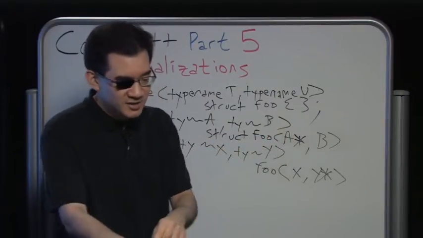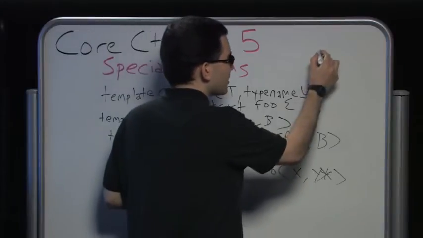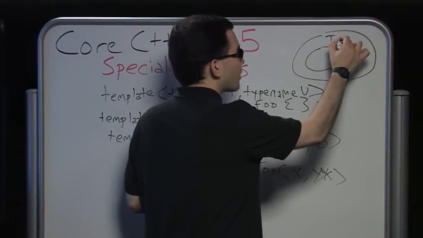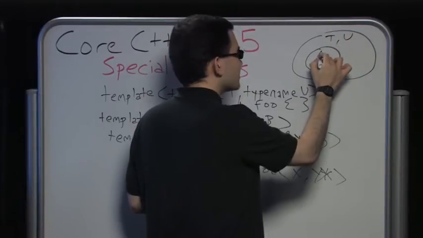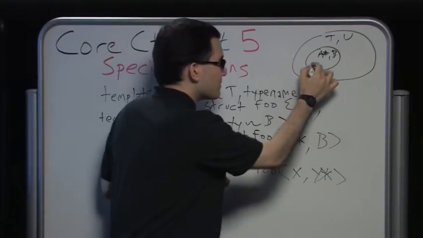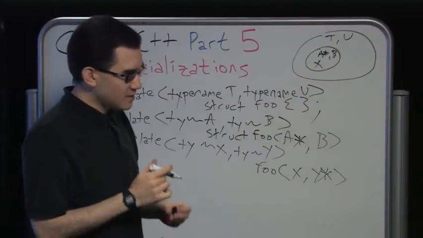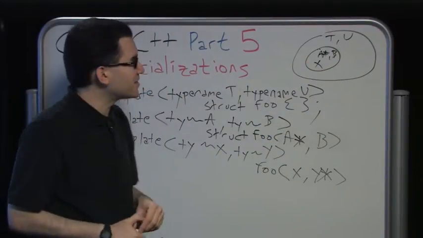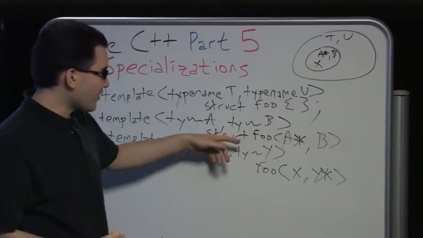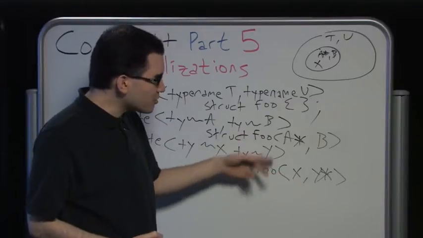And because partial specialization matches a strict subset of the types that the arbitrary T, U matches, in this case A star B, then if something here matches this smaller infinite set, it's still infinite, then the partial specialization is a better match. But if I've got 2 pointers on each side, both of these match.